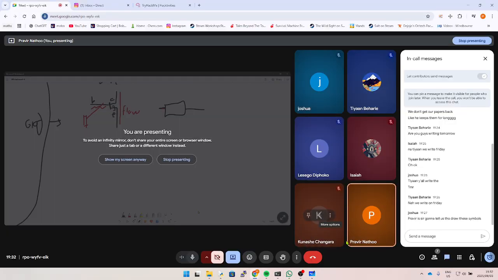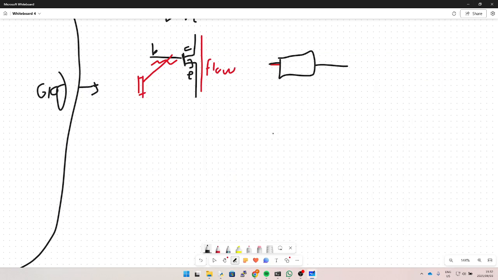Then next is the capacitor. Now a capacitor is also new to you guys. What a capacitor does is it stores current, right? It's basically a small battery. Think of it as a small battery.